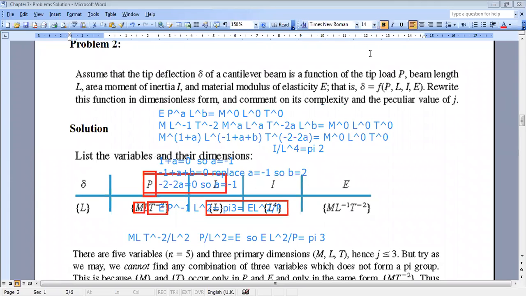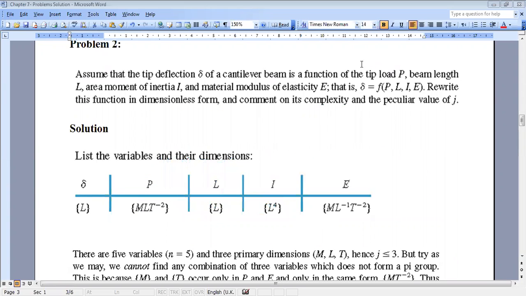So this is the method. Once you know the method, it will be very simple. Such problems will always use the same method. Nothing will change, just the variables will change. So always you have to do the same steps. You count the variables first, then you write their dimensions. Based on the dimensions, you determine the number of dimensions.